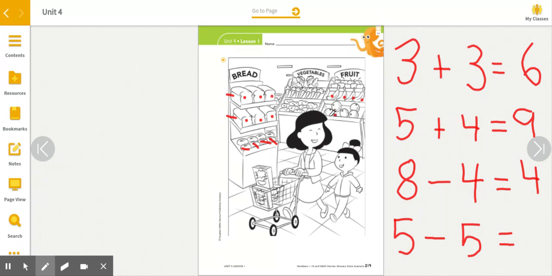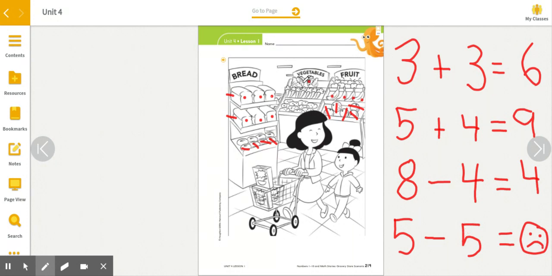So let's cross out 5. 1, 2, 3, 4, 5. How many oranges are left for Christian to buy? Oh, 0. Poor Christian doesn't get any oranges. Sorry, Christian. Sad Christian.